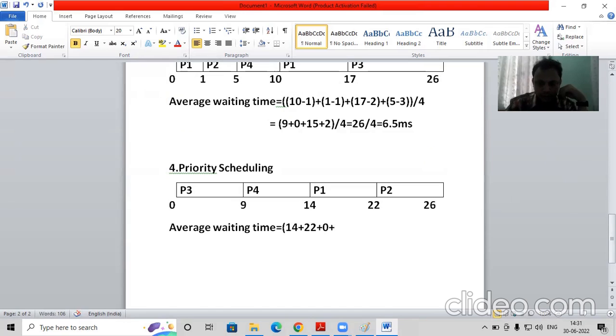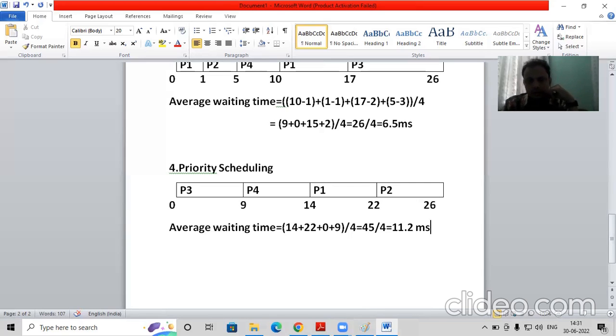For P4, it is 9. The sum is 45, and 45 by 4 is equal to 11.2 milliseconds, approximately.